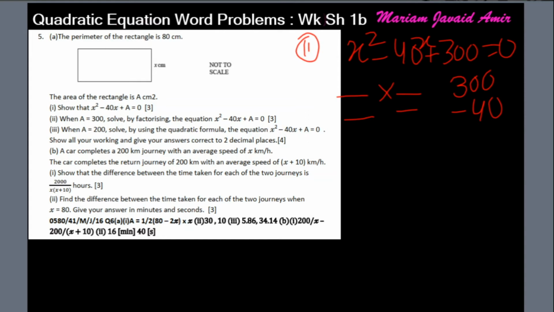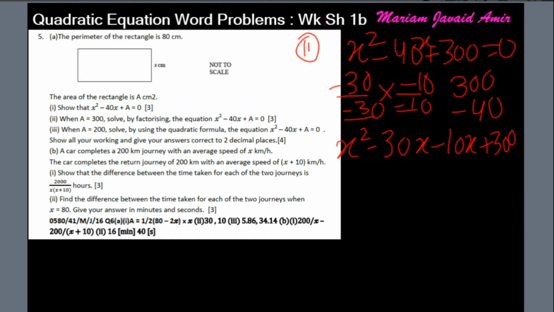Those two factors would be minus 30 and minus 10. If I multiply these I get 300, and when I add them I get minus 40. I'll write it in this form and then equate it to 0.